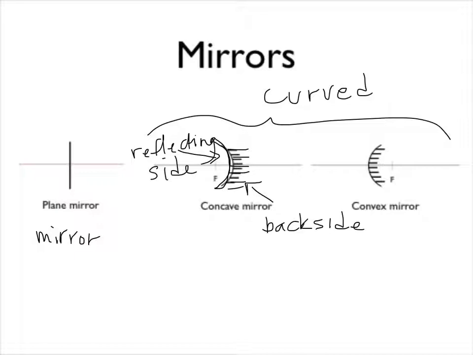The reflecting side is sort of cave-shaped, and hence the concave part of the concave mirror. In a convex mirror, it is still curved, except now the curved reflecting side is pointing out towards you.